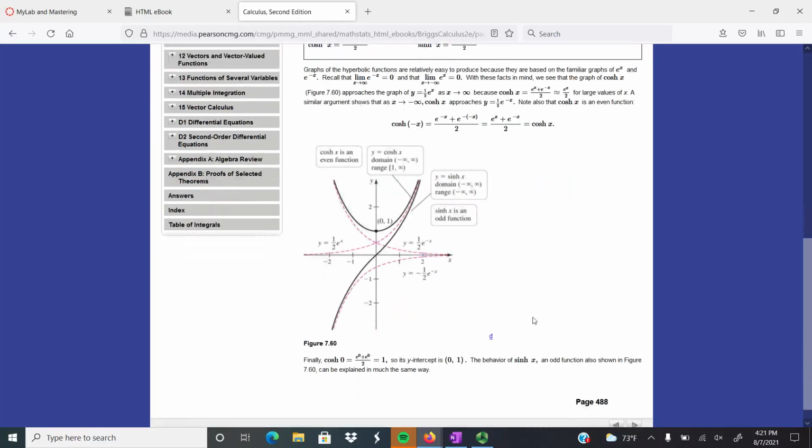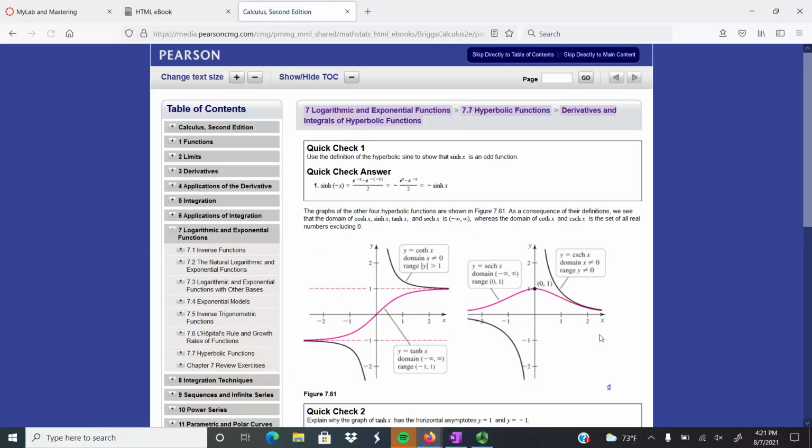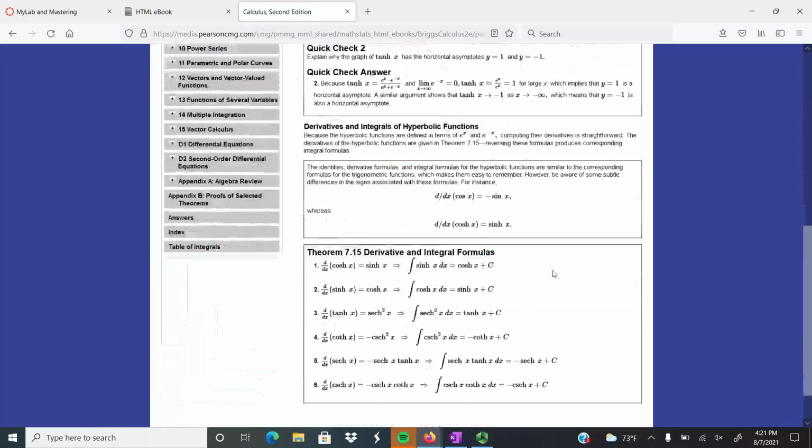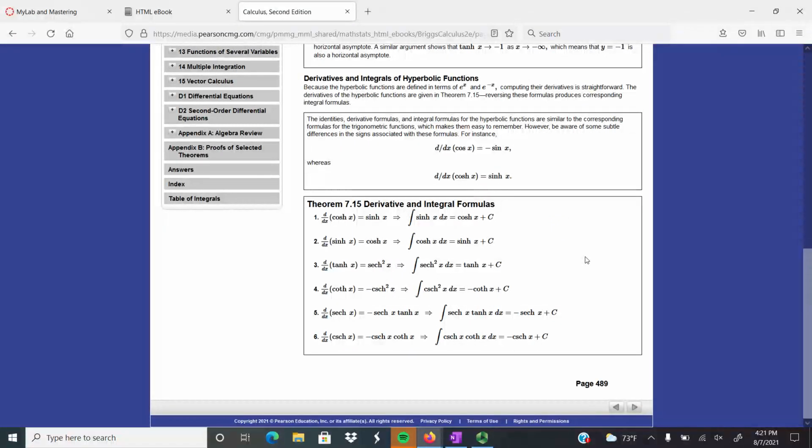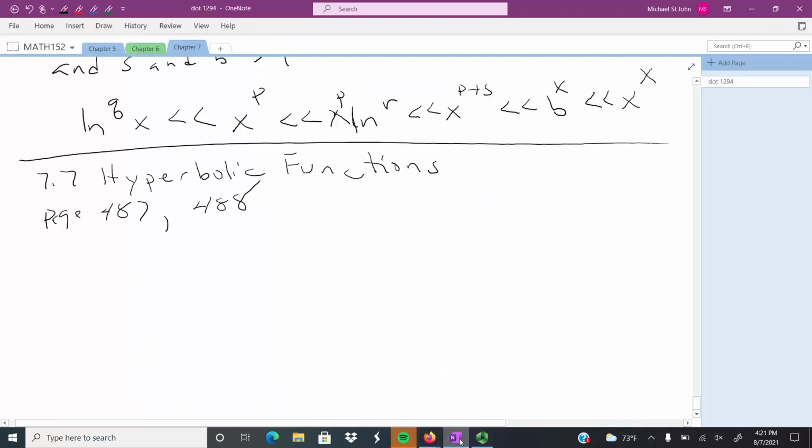Well, we also then have on page 489 this table which deals with the derivatives and the integrals of my functions. So we have these tables, and again, rather than me writing them all out, we're just going to refer to them here in the video. So let me go back to my notebook here. So we want 487, 488, and we wanted 489.